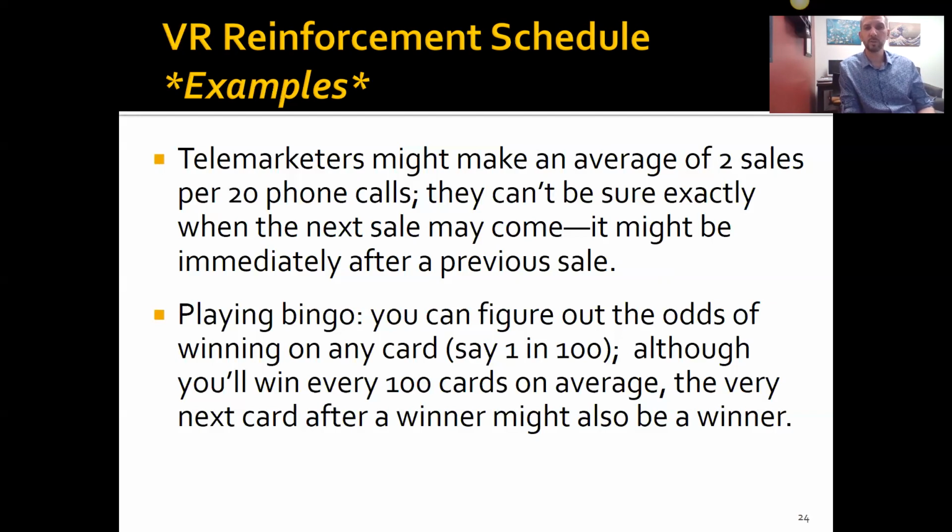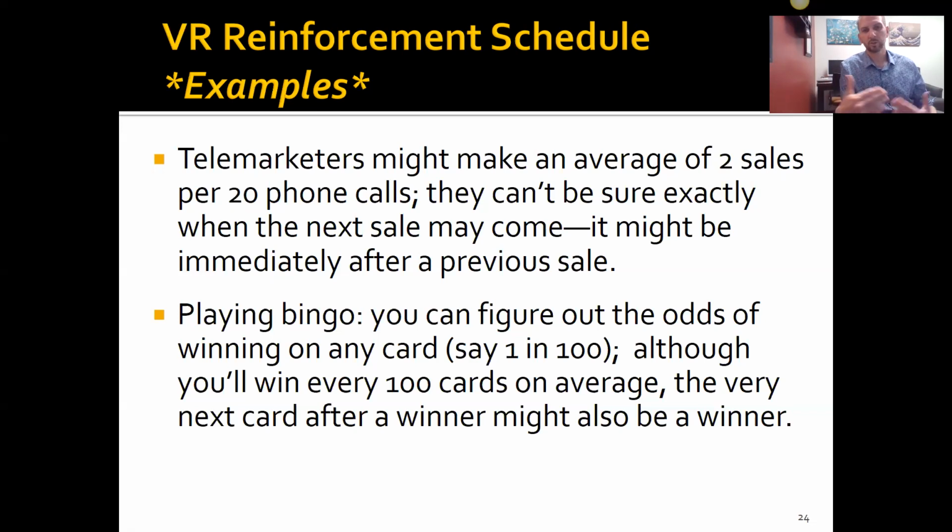If you're doing this, you don't actually know. You're calling up a person. You don't know when the next person will be that will make a sale. I mean, it could be you make 10 calls, and the 10th call's the one that makes a sale, and then another 10 that makes a sale.